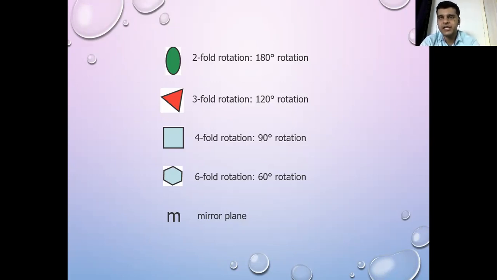If you give some external energy, or rotate in any direction, there is no change in the crystal structure. In that, so many operations are there, for example, one-fold, two-fold, three-fold rotation. So this is an example of symmetry elements.